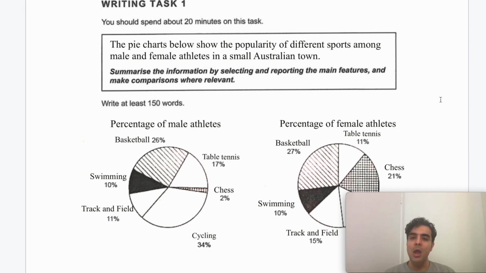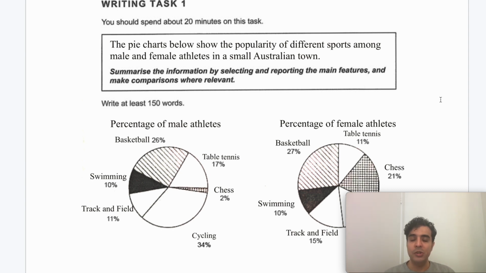Combination charts sometimes include 2 of the same kind of chart. So for example, here we have 2 pie charts. You may have a pie chart and a line graph, or a bar chart and a table, right? So sometimes you have 2 or 3 charts of the same type in one task. Sometimes you have 2 or 3 charts of different categories in the same task.